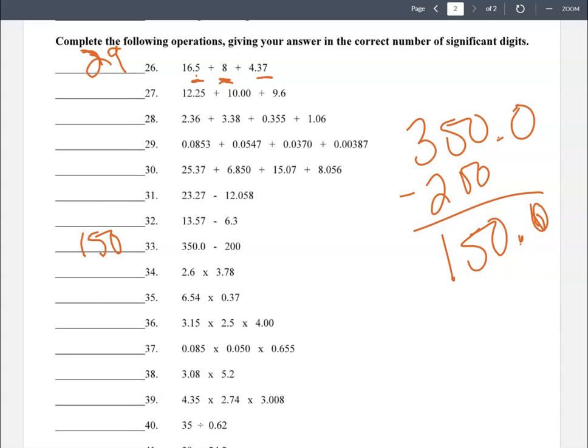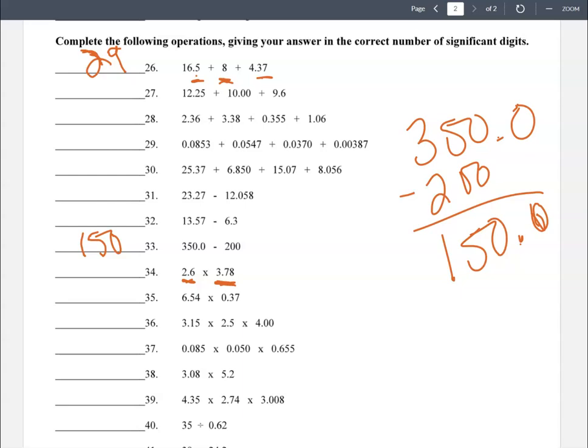For multiplication and division, instead of looking at how many decimal places it has, you look at the total number of significant figures in each number involved in the calculation. So for 34, 2.6 has two significant figures, and 3.78 has 3 significant figures, which means your answer is only going to have 2 significant figures.